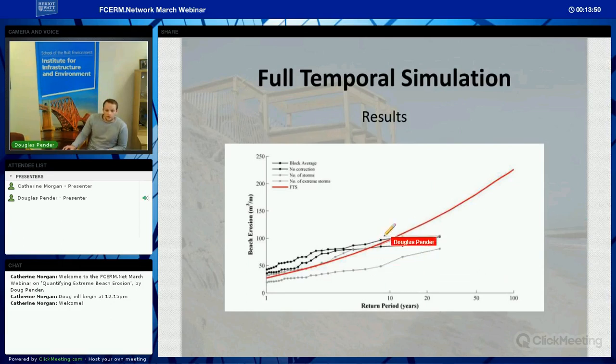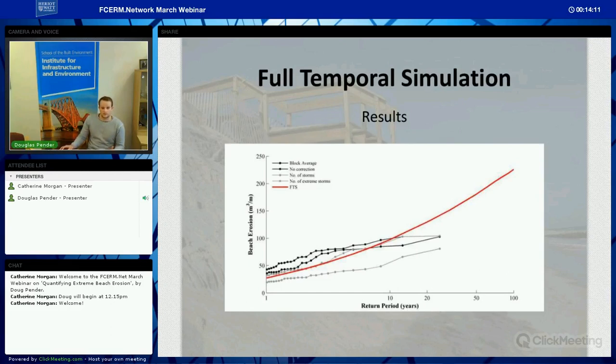So it's a pretty good fit for the majority of the measured profile data up to about a 10-year return period. But the thing about this is it then shoots off very quickly, so your extreme values at 1 in 100 years are very high. One of the main reasons for this is the empirical function that they've used to estimate dune erosion.